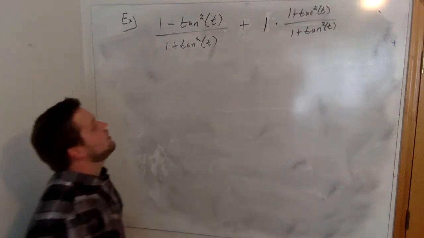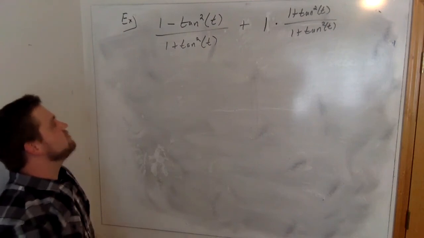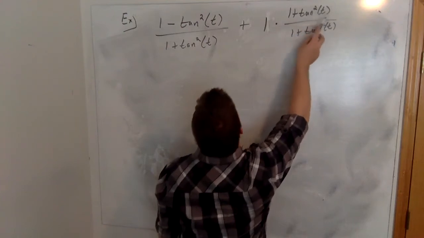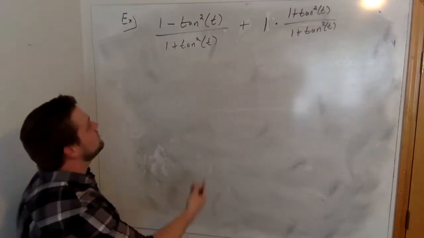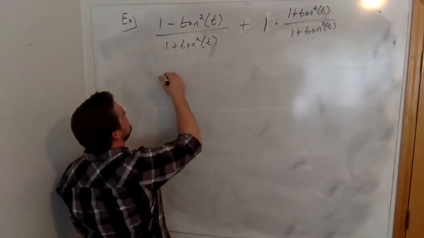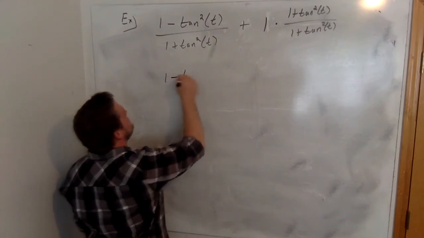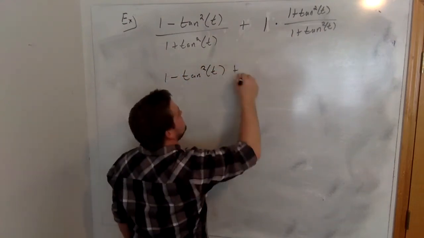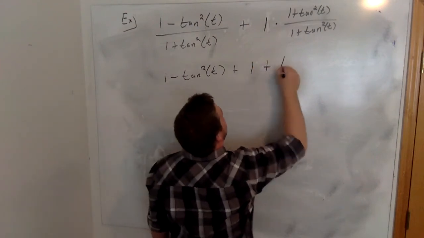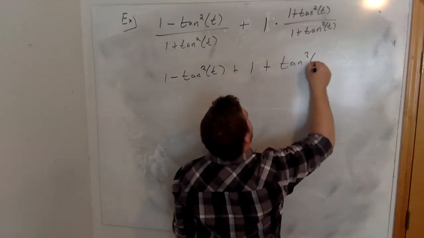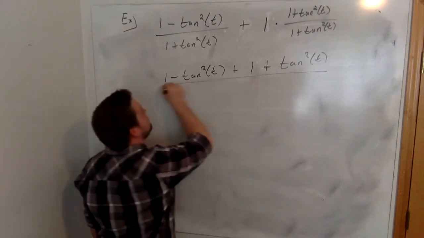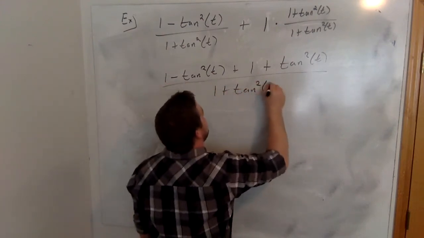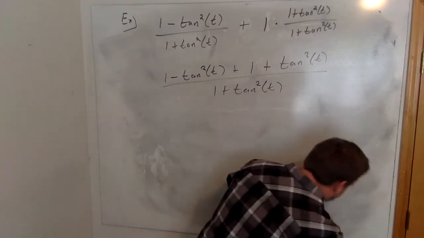So I'm now going to be adding the fractions. And this will be nice because I'll have a 1 minus tan squared plus a 1 plus tan squared. The tan squareds will cancel. So what are we going to get here? This is 1 minus tan squared of t plus 1 plus tan squared of t all over our common denominator of 1 plus tan squared of t.